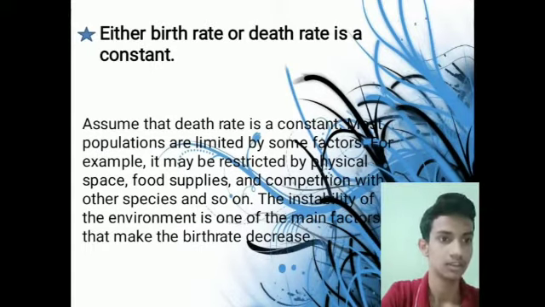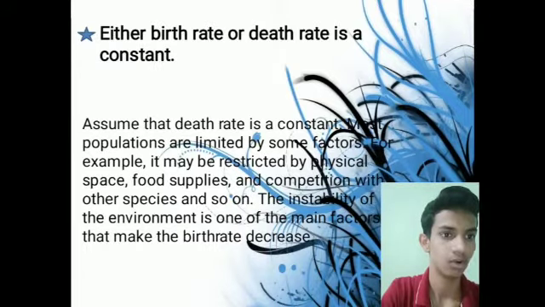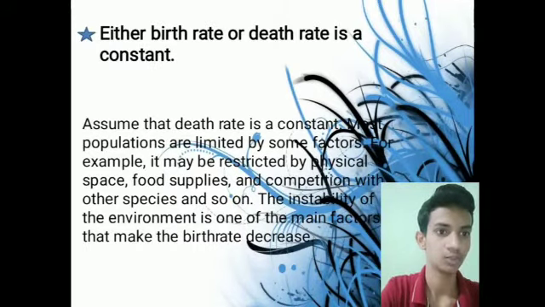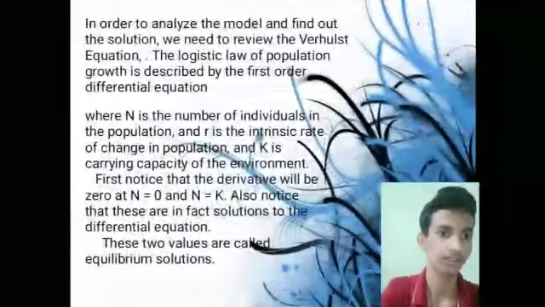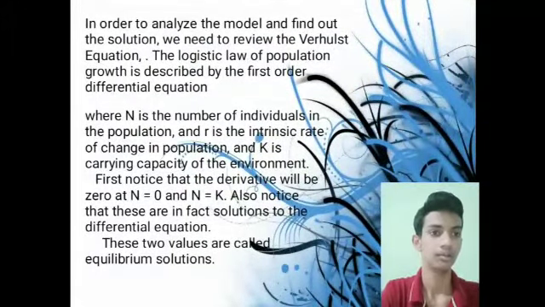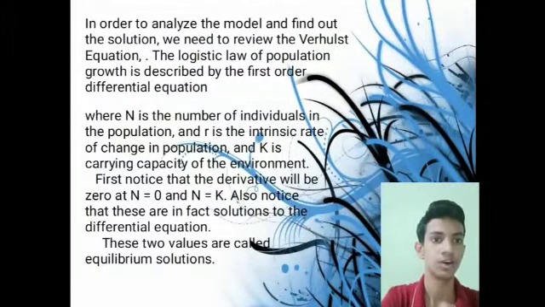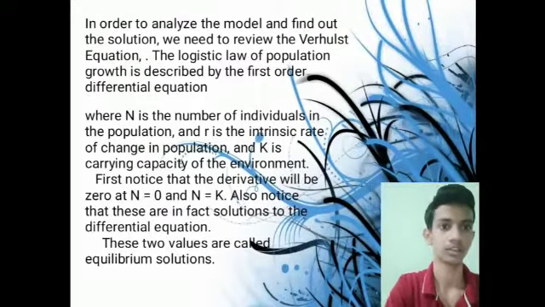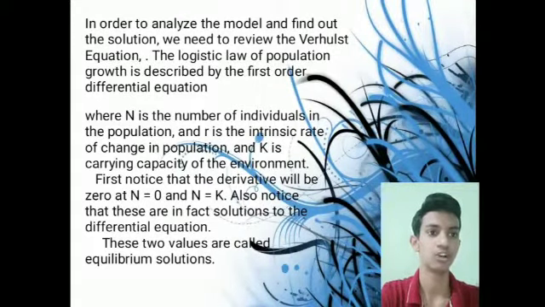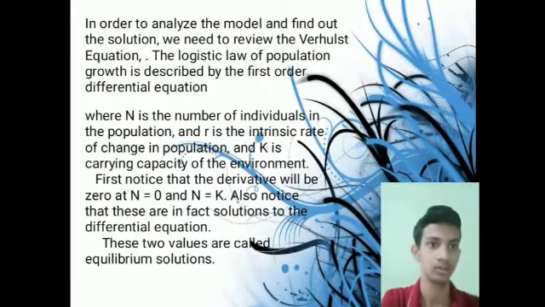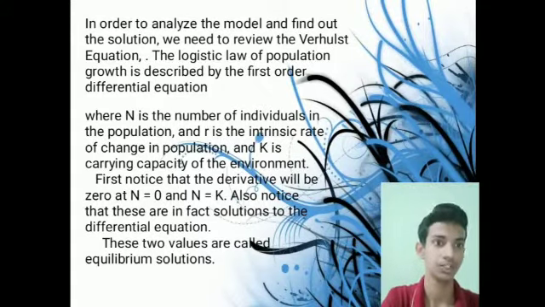The instability of the environment is one of the main factors that make the birth rate decrease. In order to analyze the model and find out the solution, we need to review the Verhulst equation.